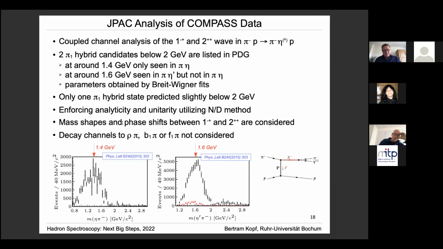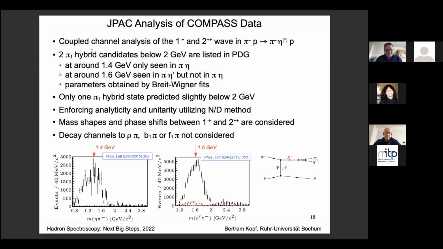Now I will briefly come to the JPAC analysis. So they have analyzed also in a coupled channel mode the 1- plus and 2++ wave of the COMPASS data for the channels for the decay into pi eta and pi eta prime. And the motivation was in principle the following.